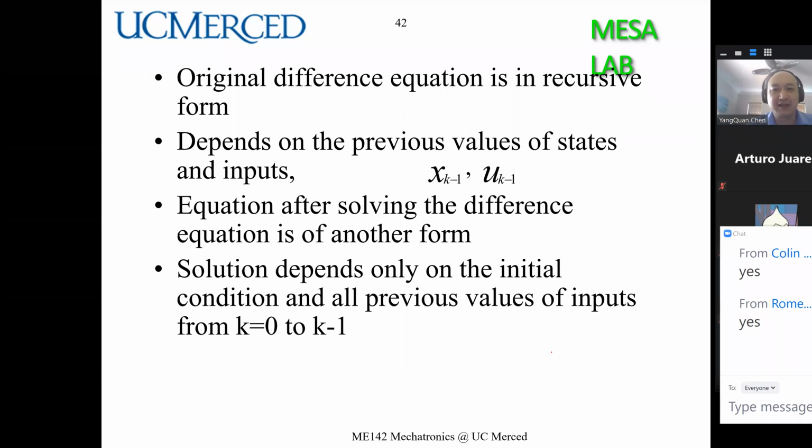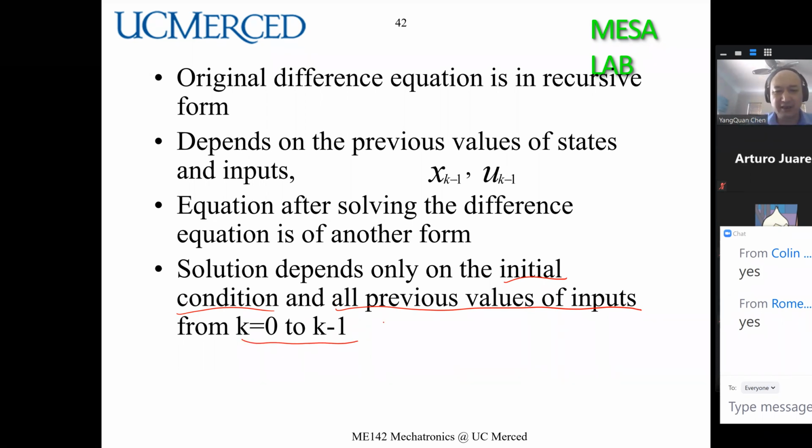So we can see that the original difference equation is in a recursive form and is based on the previous values of the states and the inputs. The equation after solving the difference equation is of another form, only on the initial conditions and all the previous values of inputs from k to k minus 1.